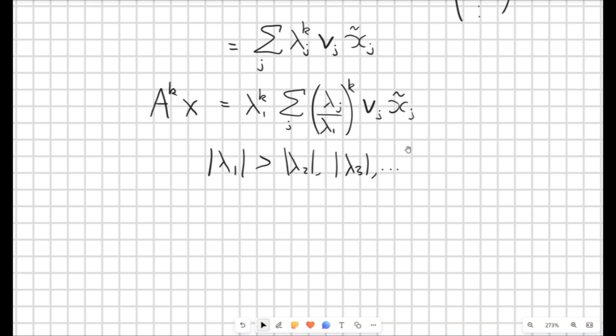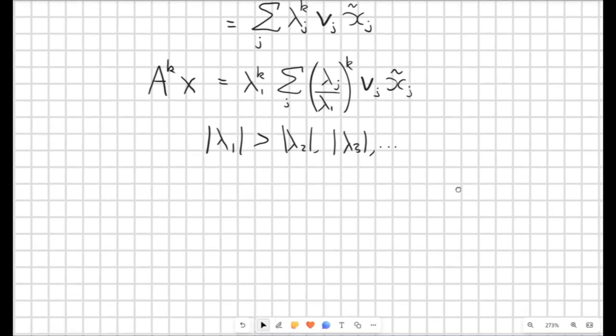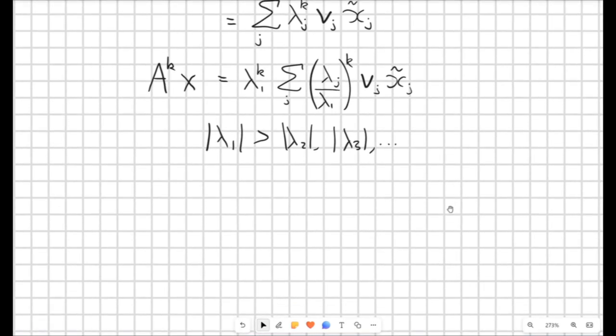So as k gets large, the only term that's really left in this summation occurs when j is equal to 1. So what we can say is that A to the power of k multiplied by x will therefore tend towards just the stuff that comes up when j is equal to 1. This cancels. We have lambda 1 to the power of k here.